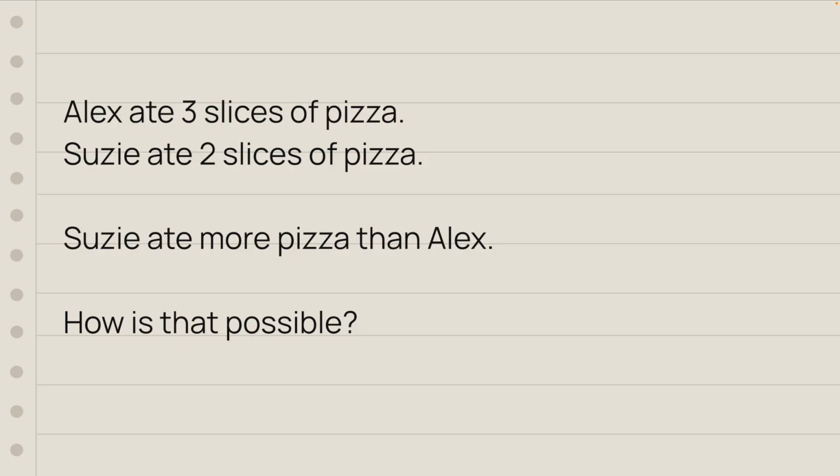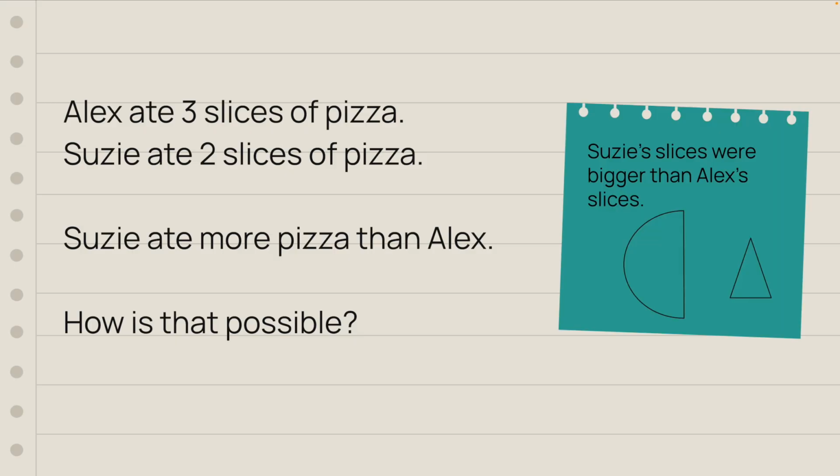Now, in order for that to happen, the slices that Susie ate would have to be bigger than the slices that Alex ate. So even though he ate a different number of slices, if his slices were smaller, then altogether he ate less pizza than Susie.